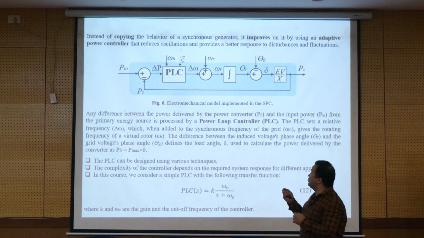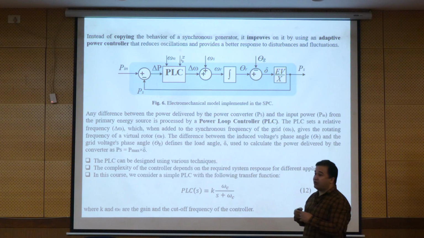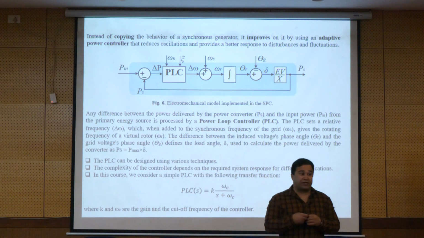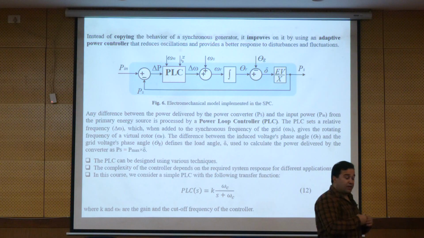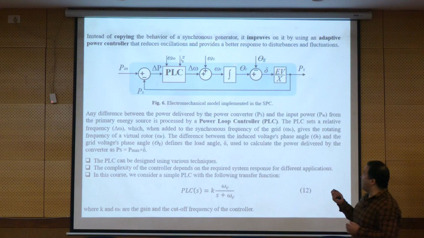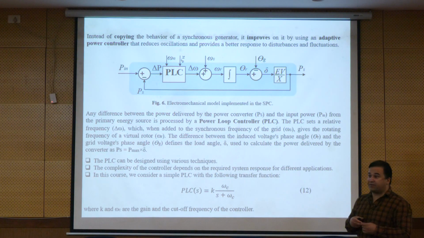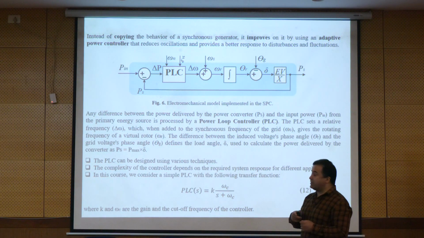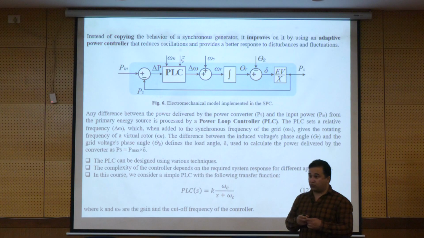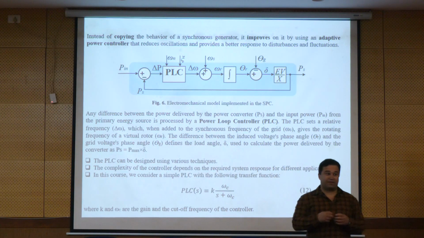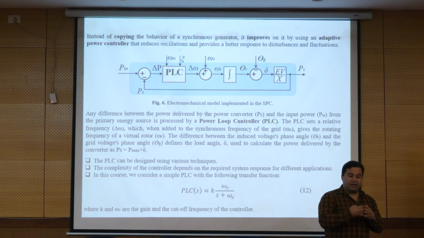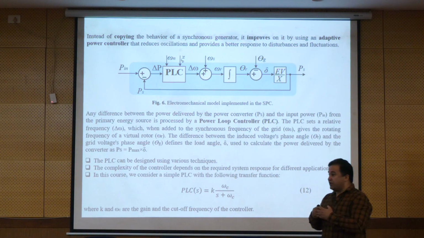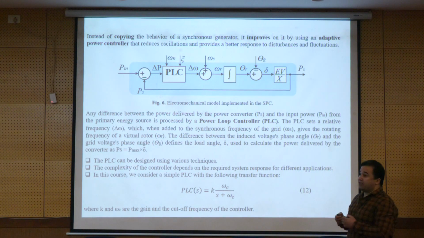So it calculates that delta omega and adds it to omega s to create omega r. So now we have omega r, the frequency of the rotor. If we take the integral of this, we have theta for the rotor. So it means that we have the angle of the rotor, and we have the angle of the grid, so we have the delta.